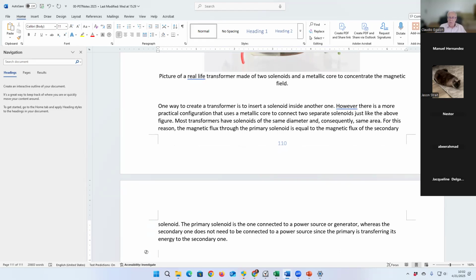And now we can start looking at the math behind the transformer.